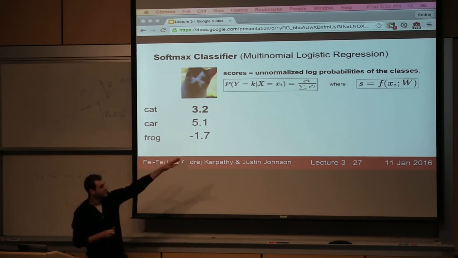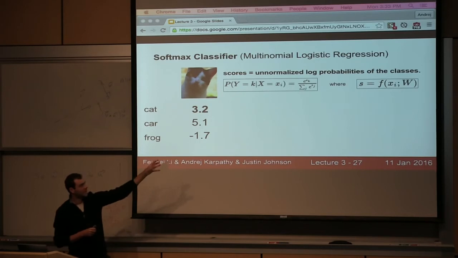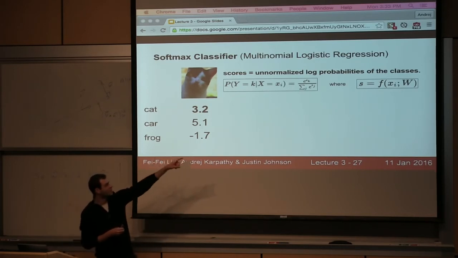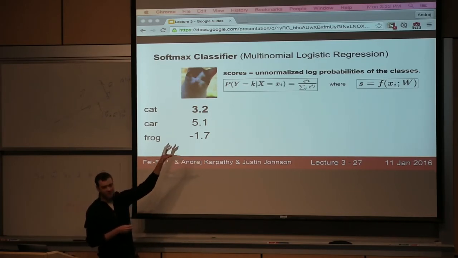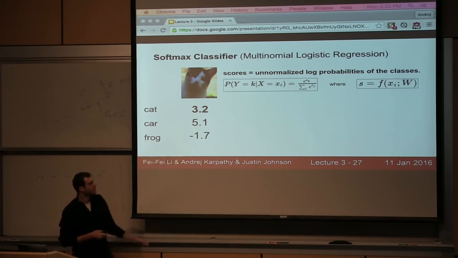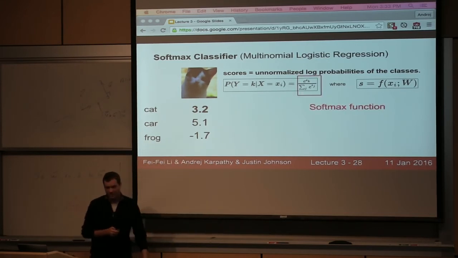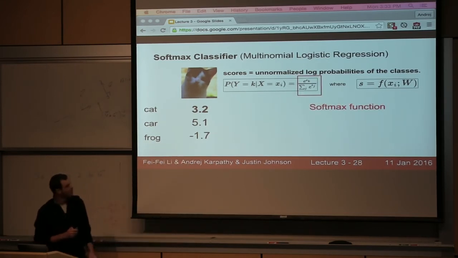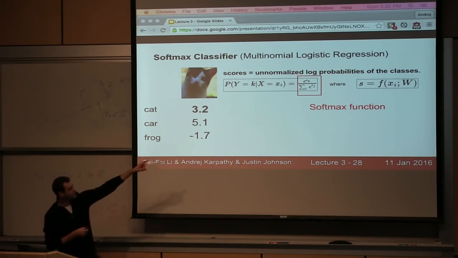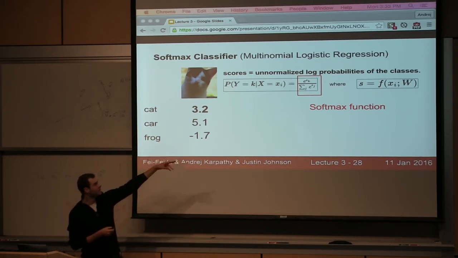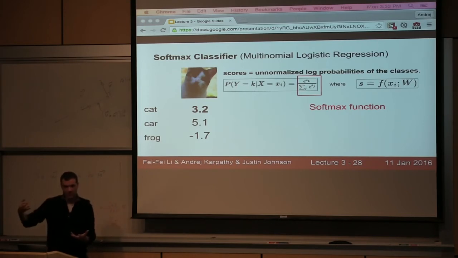So we divide by the sum over all the exponentiated scores. That's how we get this expression for the probability of a class given the image. This function is called the softmax function, if you see it somewhere. It's e to the element you're currently interested in, divided by the sum over all exponentiated scores.